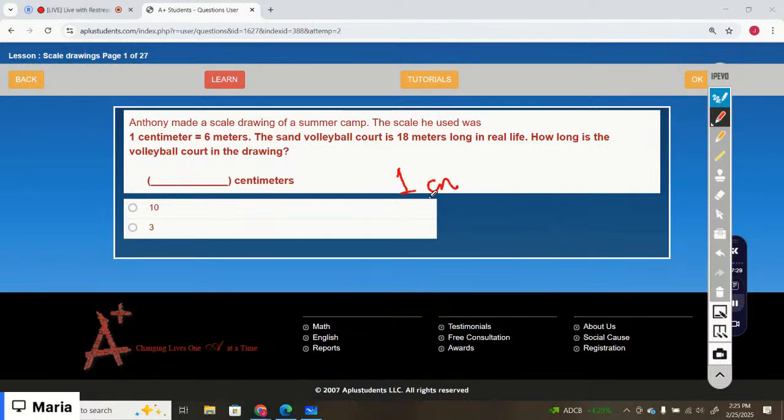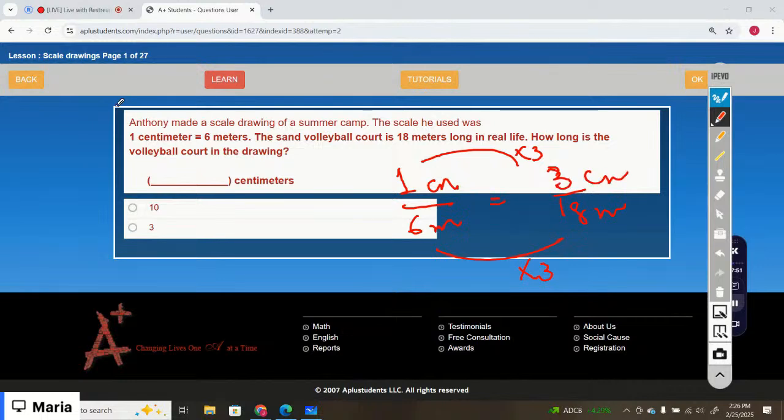So the scale is 1 centimeter to 6 meters, right? The volleyball court is 18 meters long, so you have to find the length in the drawing. 6 times 3 is 18, right? So you do 1 times 3, that is 3 centimeters.